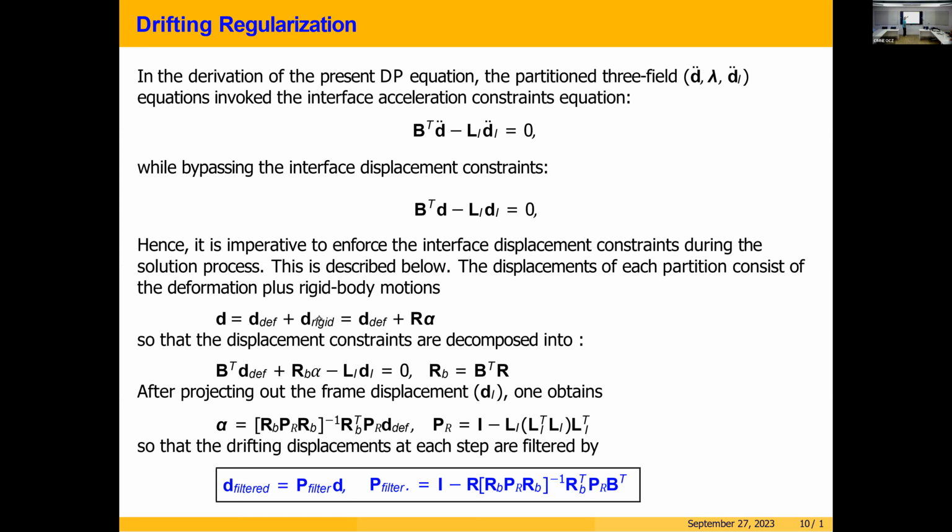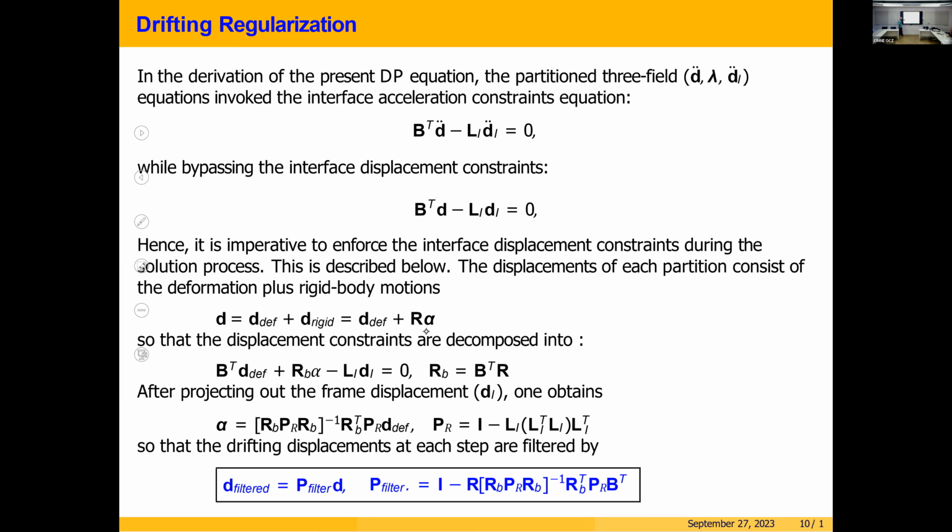So since we are not satisfying this, we have to enforce this, in dynamics as well as statics. So we split into deformation and rigid body mode. The deformation, leave it there. Once you know the partition of the rigid body mode, you can write the generalized solution like that.